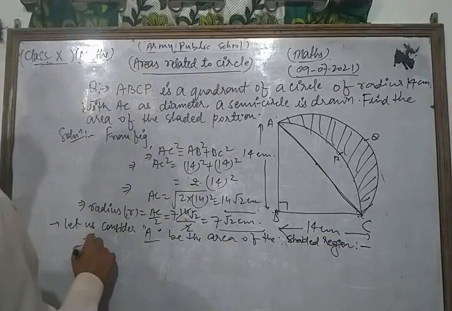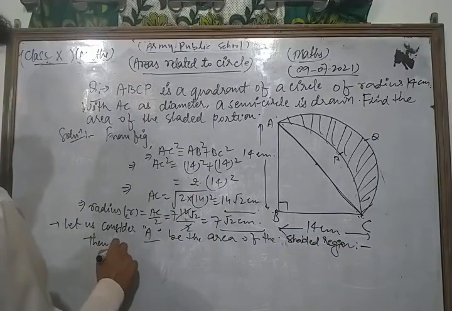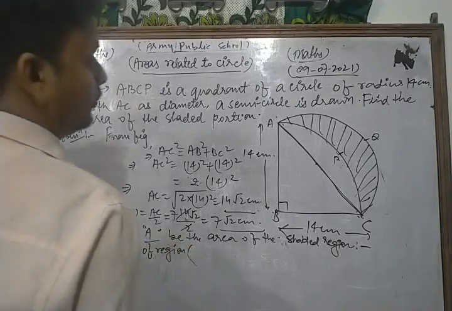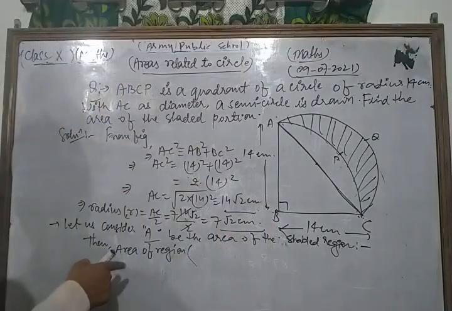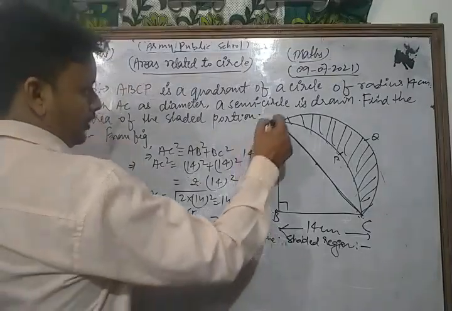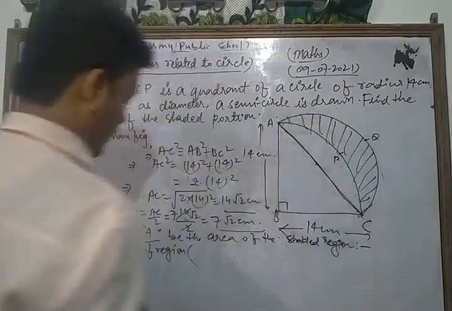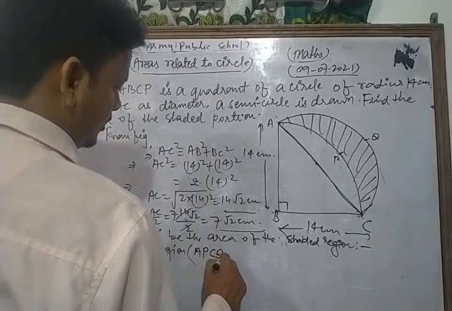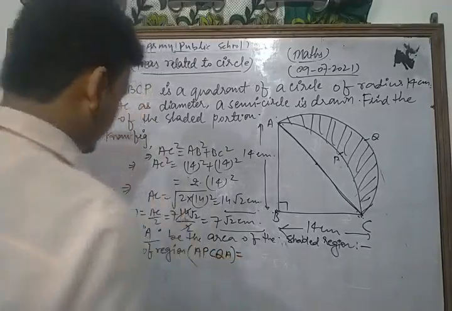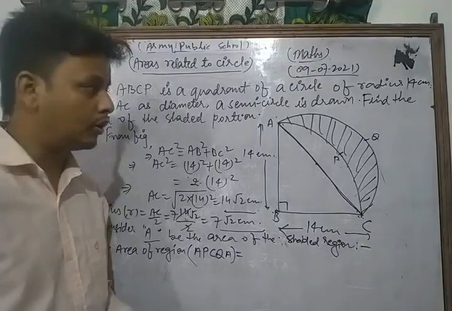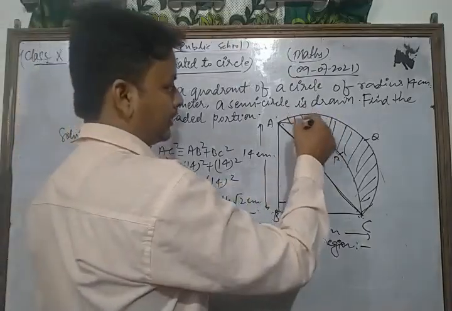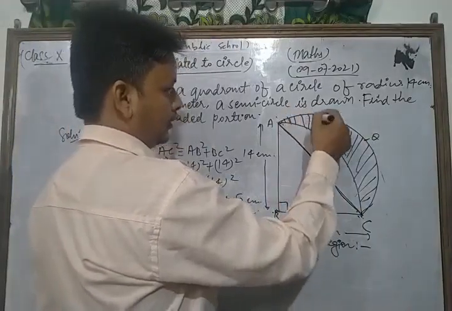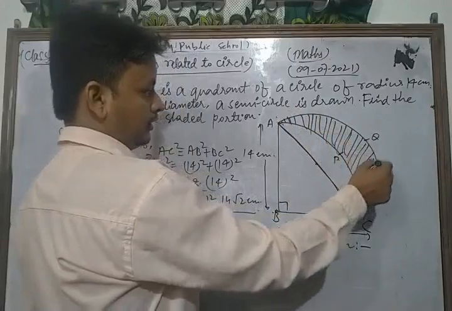Then which region, dear friends? A, P, C, Q, A. This is the area of the required region, and that area is to be shaded.